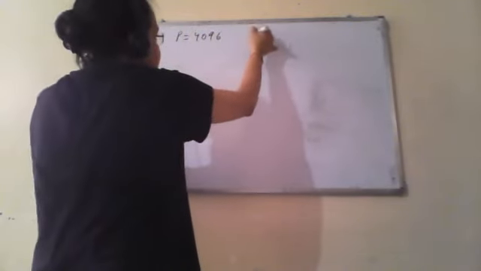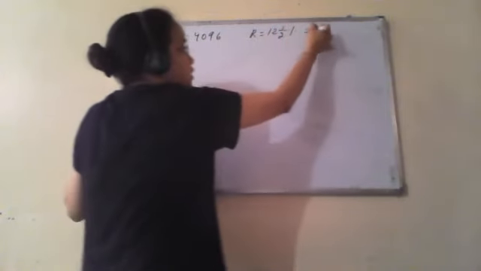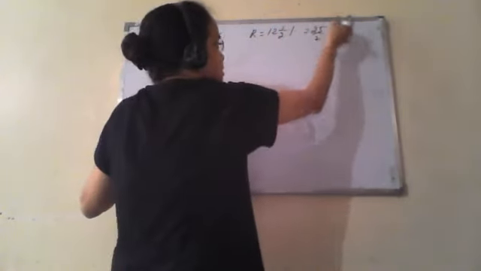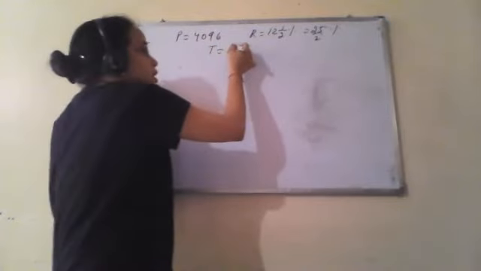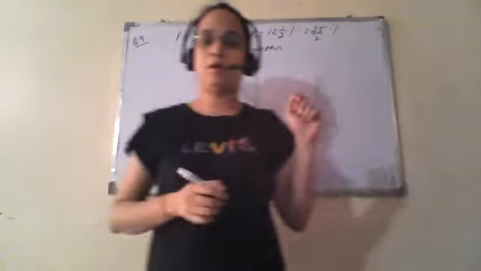So question number 9, principal is rupees 4096, rate is 12.5, or we can write it as 25 by 2%, time period is 18 months. So in this case, interest is compounded on half yearly basis.